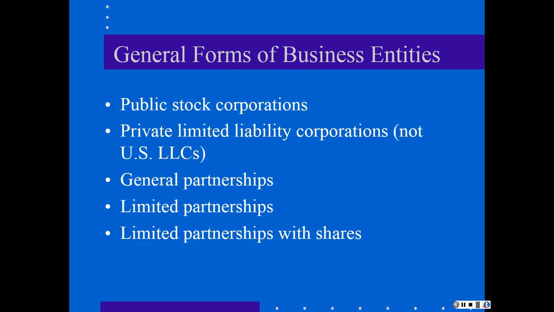ABB, for example. There can be a private limited liability corporation. Now, these are not like U.S. LLCs. There are general partnerships that you know about, limited partnerships that we talked about, and limited partnerships with shares, a variation of the limited partnerships.